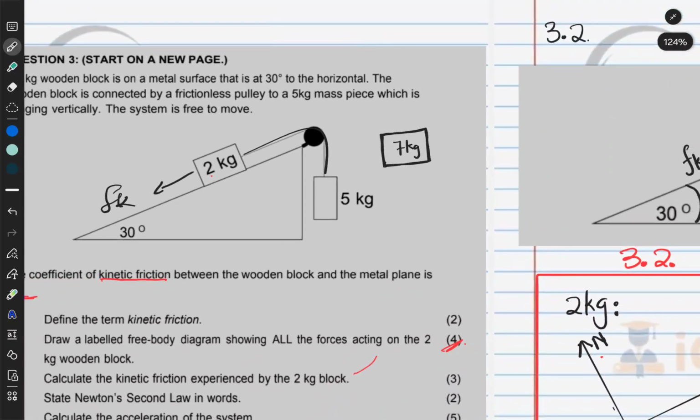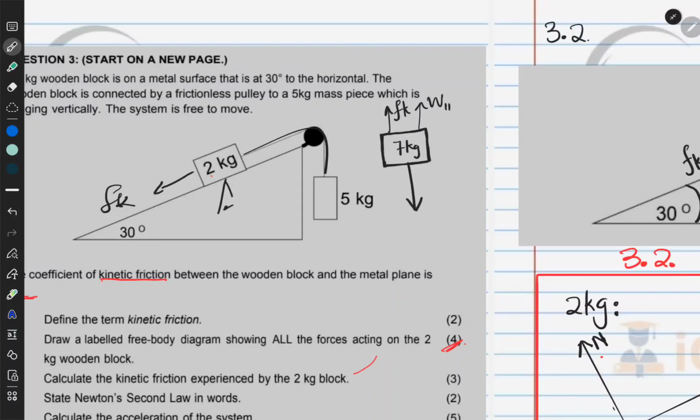Because you ignore the tension of the string, you only take the other forces that remain. So you'll have the weight, the kinetic friction opposing, and the weight parallel.